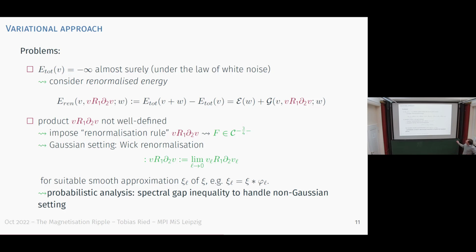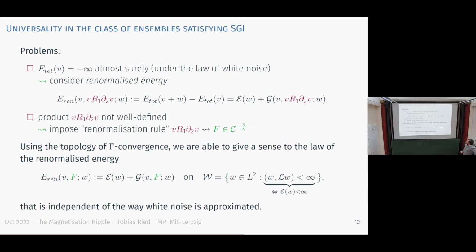But for now, let me just say that we can do that somehow and end up with an energy functional which is now parametrized by the noise, or by V, which is in one-to-one correspondence with the noise by the solution of the linear equation. This is the replacement of the ill-defined product, and it's a functional in terms of W.